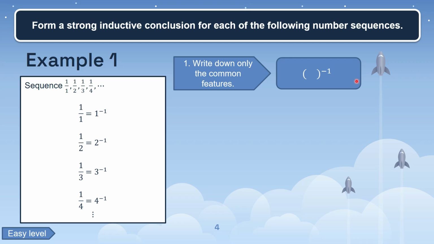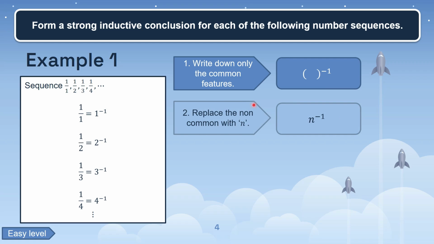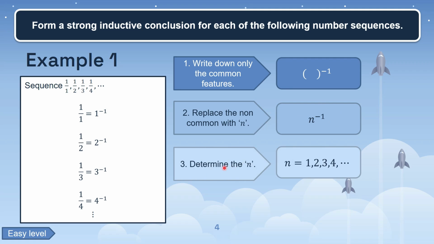For the second step, we replace the non-common feature with the letter n. For the third step, we determine n. From this function, we know that n is 1, 2, 3 and 4.